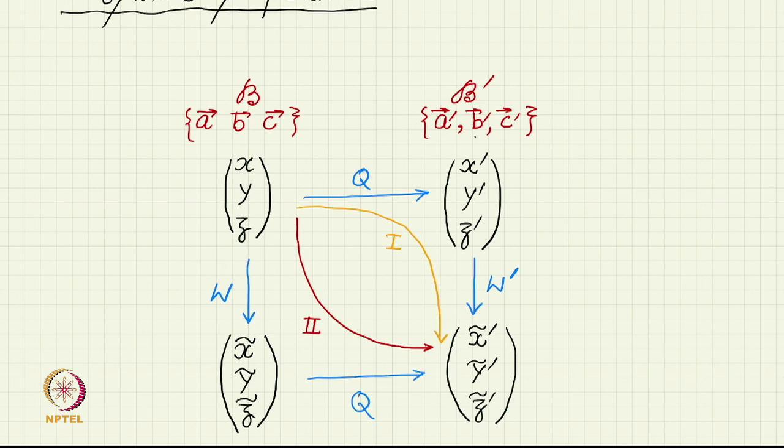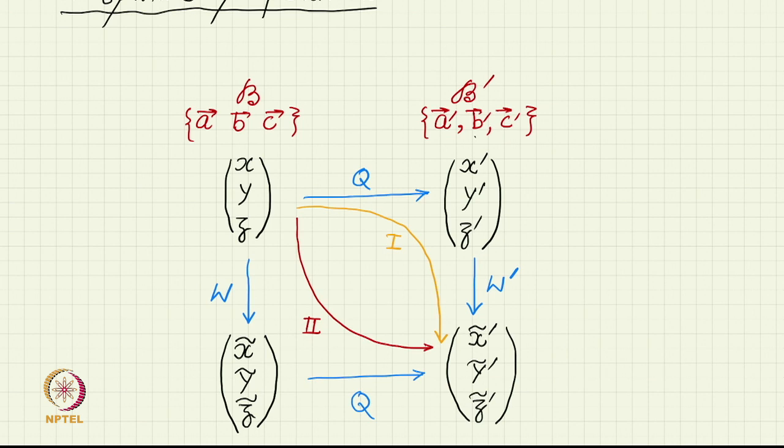The unrotated vector x y z is in the unprimed coordinate system B, and the rotated vector x tilde prime, y tilde prime and z tilde prime is represented in the new basis B prime. This is what I want to do. So, I can do it in 2 steps. I can first transform x y z by q to x prime y prime z prime, that is I change the basis, and then I apply the rotation in the new basis.